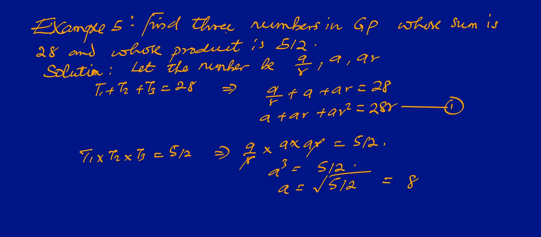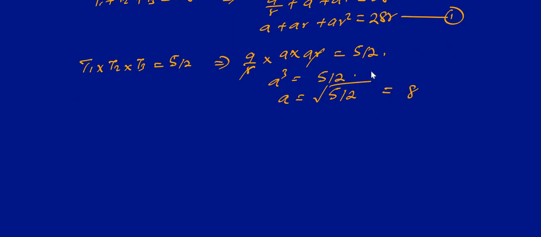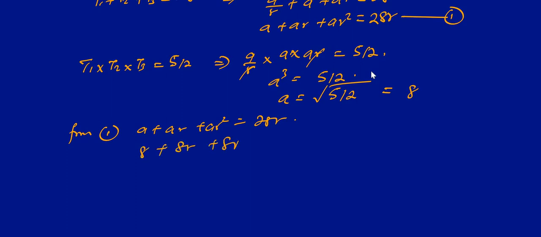So let's take a look at equation 1. From 1, A plus AR plus AR squared is equal to 28R. This implies that 8 plus 8R plus 8R squared is equal to 28R.